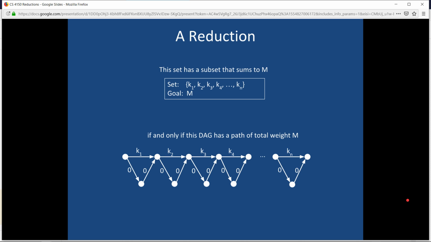Like that. And I claim that any subset up there corresponds to some path down here. And any path down here we can turn into a subset up here. So let's say that it turns out that K1 plus K4 plus Kn equals M. What path down here is going to have that weight, K1 plus K4 plus Kn?